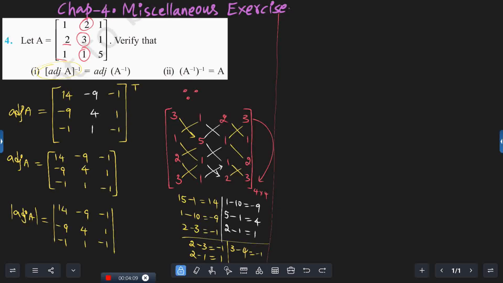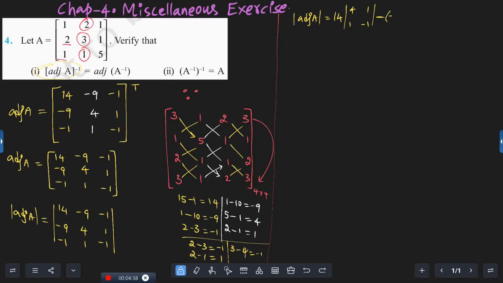So first, as per row 1 I'm going. Determinant of adjoint A is equal to 14 times, first row, first column, if you strike, 4 1 1 minus 1 you will be getting. Second element, formula minus, we have to give, and second element we have minus 9 there.